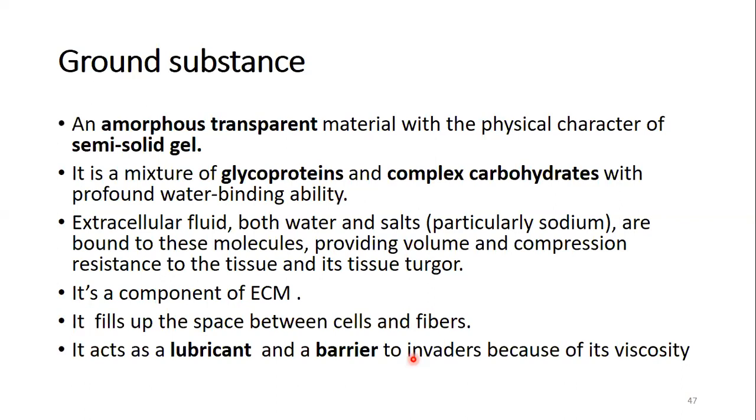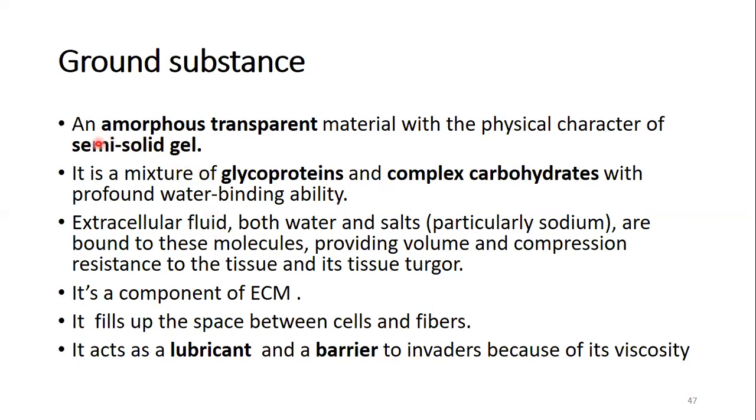That way, it takes time for microorganisms to swim through it. And like the way they find it easy to swim through the digestive juices, intestinal juices, gastric juices, when they come in contact with ground substance, microorganisms do not move as fast as they're supposed to. And therefore, they will be arrested so that those cells from blood can find them and destroy them.